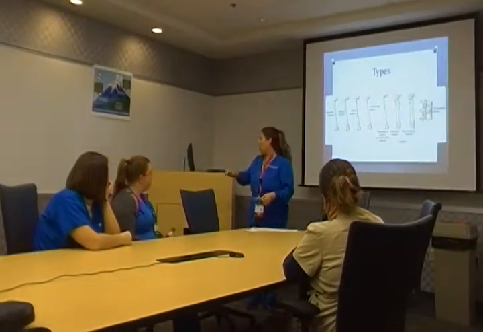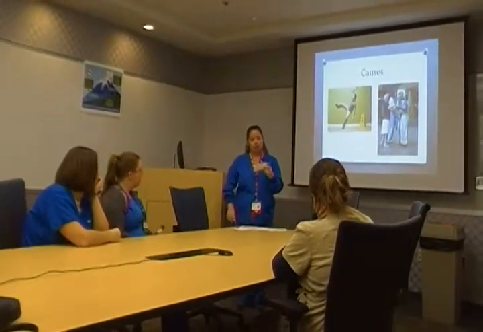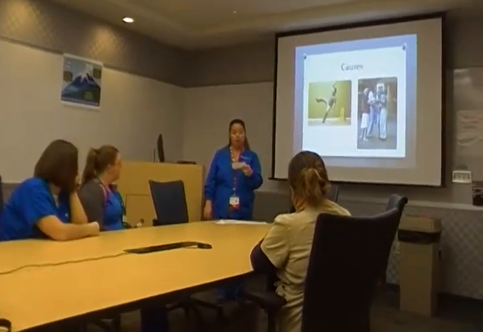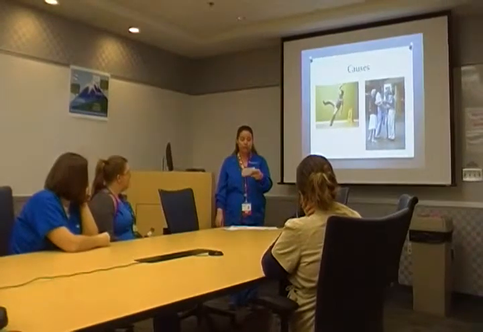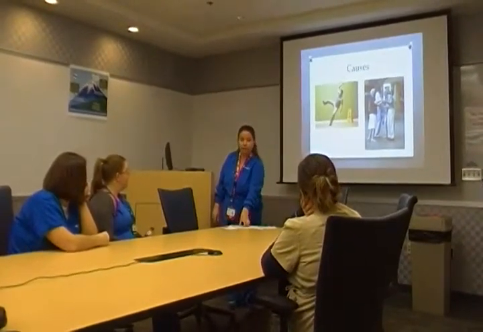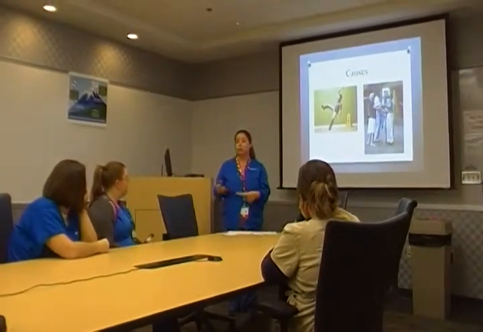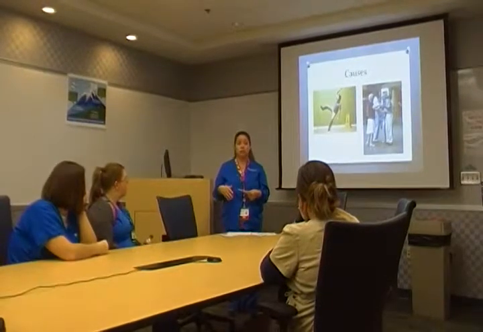According to OrthoInfo, written by the American Academy of Orthopaedic Surgeons, the most common causes of fractures are trauma, osteoporosis, and overuse. As far as trauma goes, of course, there's always the fall, motor vehicle accidents, and sports such as football.